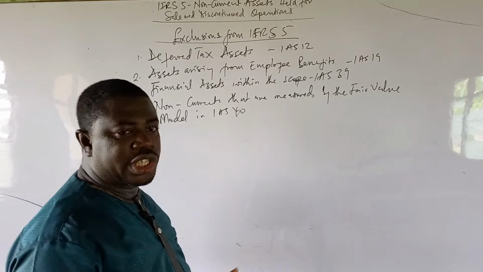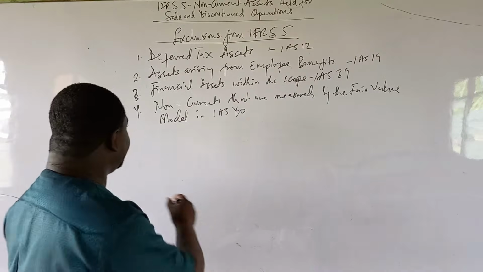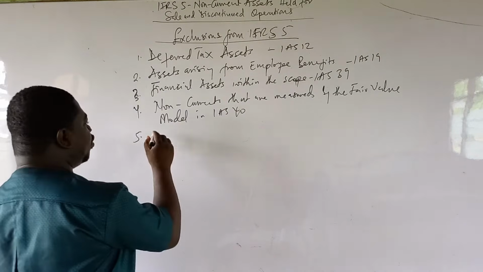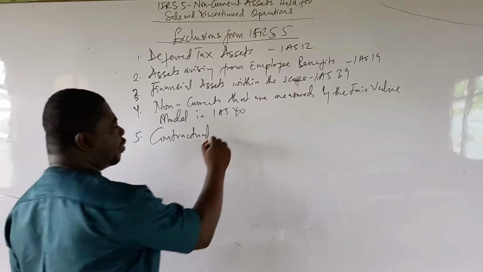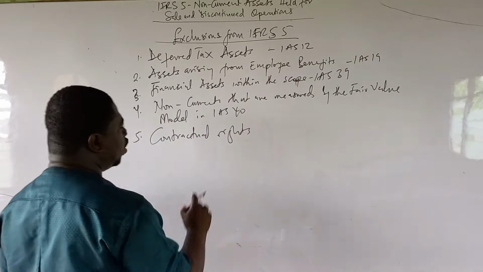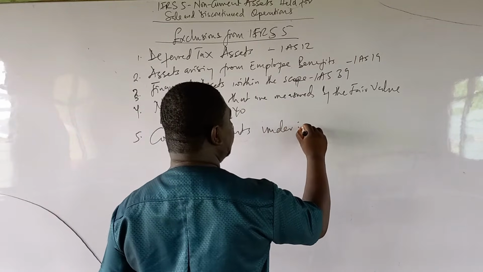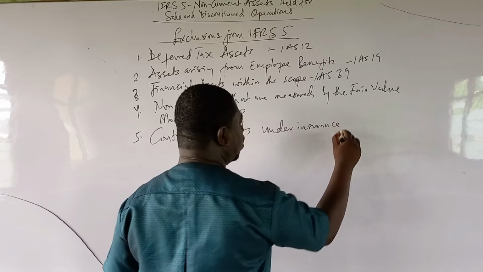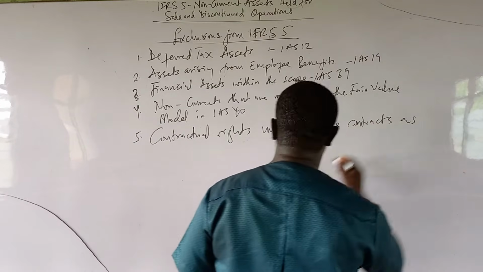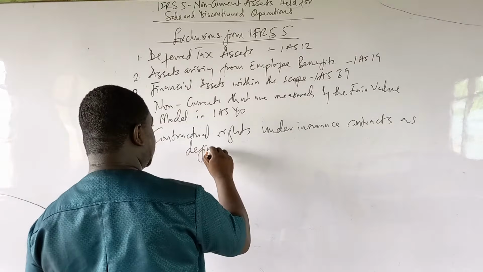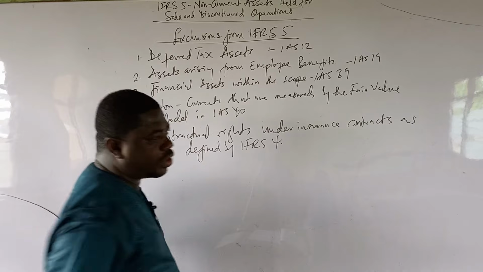When we are done with the exclusions, we come to the inclusions. What is IFRS 5? So please, the next assets that we should look at: contractual rights. Contractual rights under insurance contracts, as defined by IFRS 4, insurance contracts.